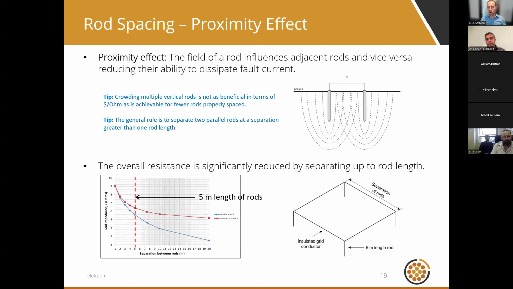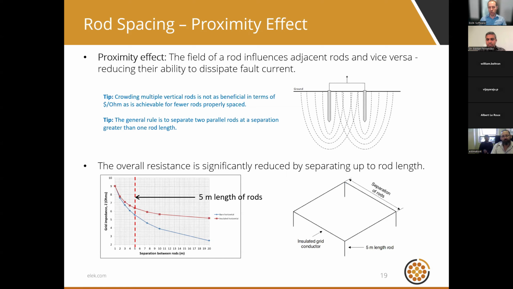Let's talk about rods, and the proximity effect. There's also no point in installing lots of rods that are spaced close together. It simply won't be economical. So we don't want to crowd rods.